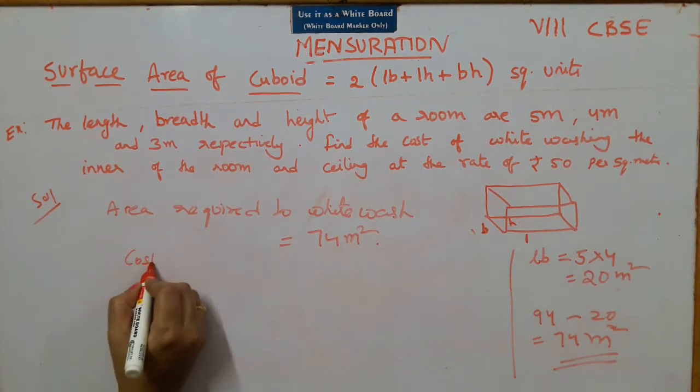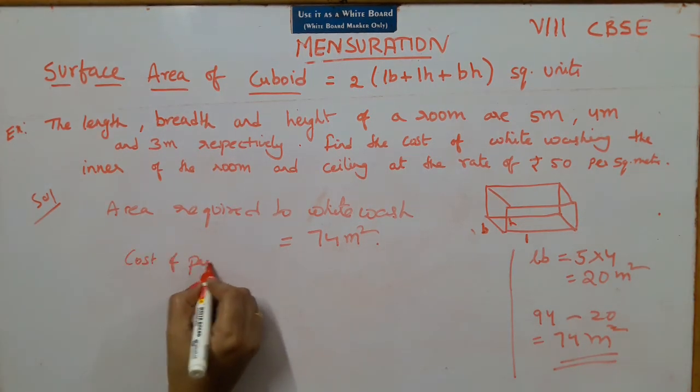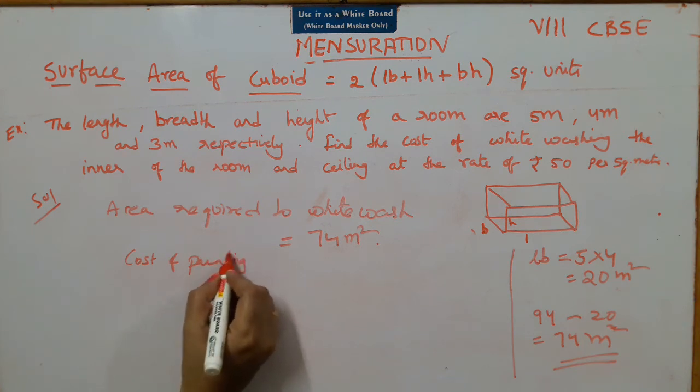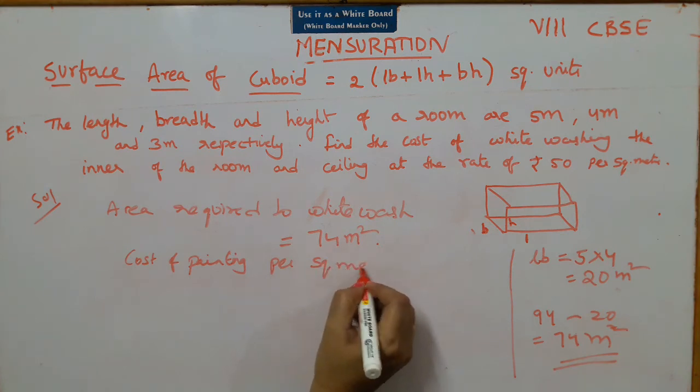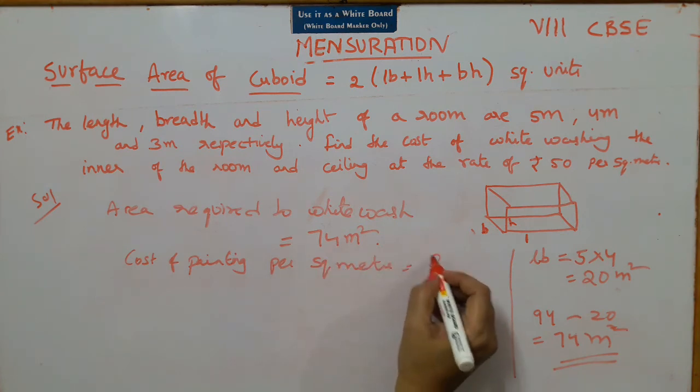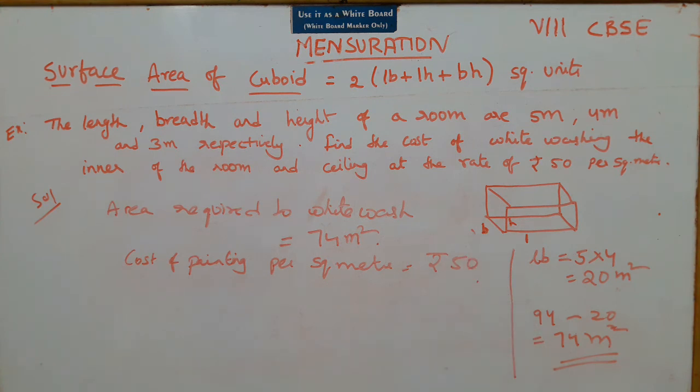So cost of painting per square meter is given rupees 50. So for 74 meter square, multiply 74 with 50. 0, 5 4s are 20, 5 7s are 35, 3700 rupees.